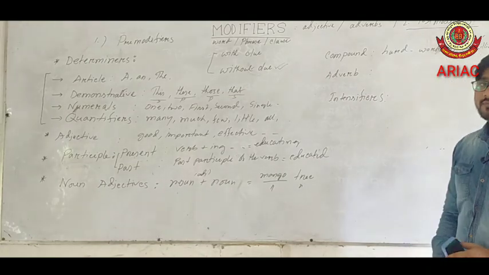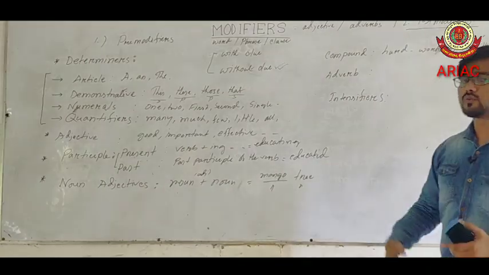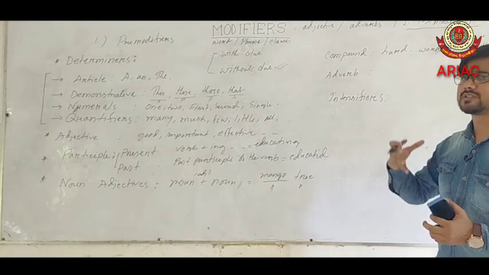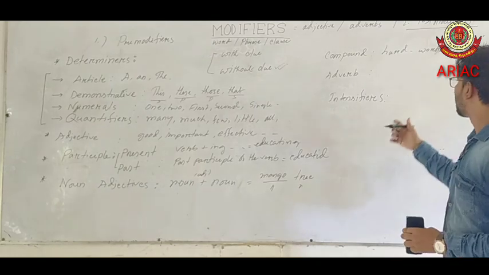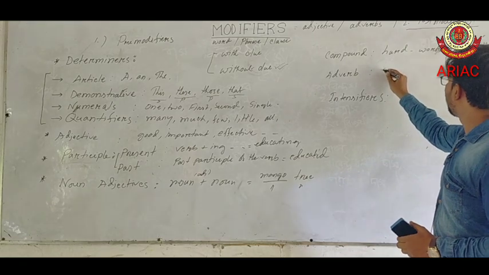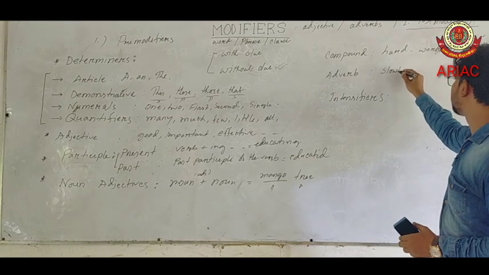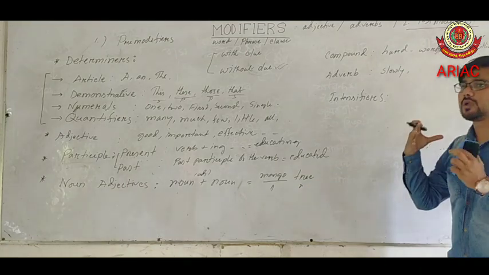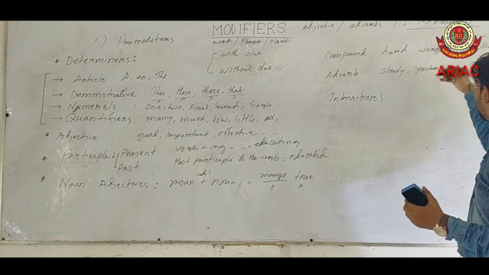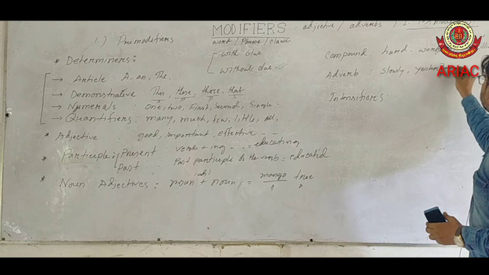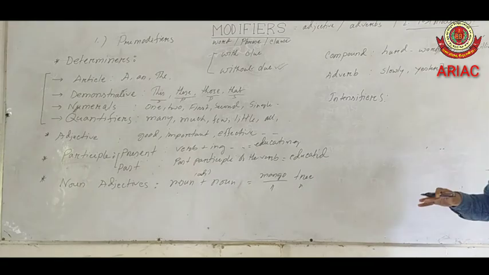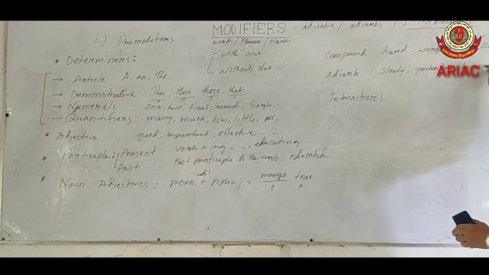Okay. Next one is adverb. Adverbs. What do adverbs do in modifiers? Adverbs modify verbs. Adverbs modify a sentence. Adverbs modify an adjective. Okay. So adverbs, like slowly, if I mention any manner, or time, like yesterday, today, now, and adverbs can be of place, like home, in the room.